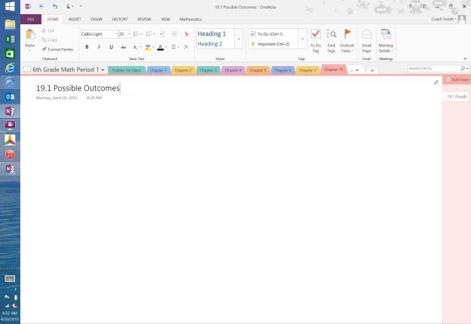But what we need to talk about today is possible outcomes, because probabilities basically deal with whether something is going to happen. Is it going to happen? You hear all the time the probability of rain today is 20%, or the probability of rain today is 0%.